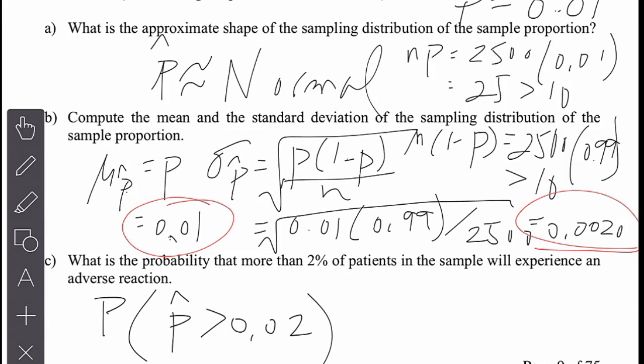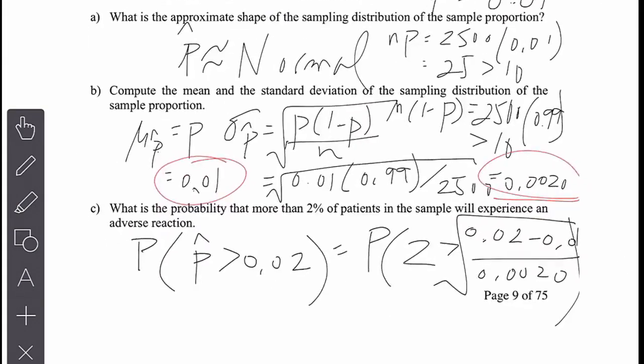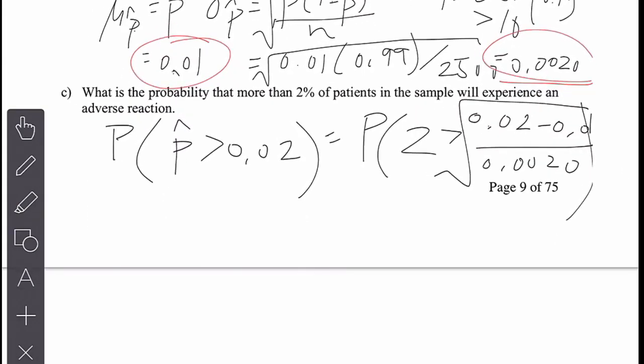Oh, I want to get rid of that. This is 0.1. So when you punch that in, 0.02 minus 0.01 divided by 0.002, you get P of Z greater than 2.24.